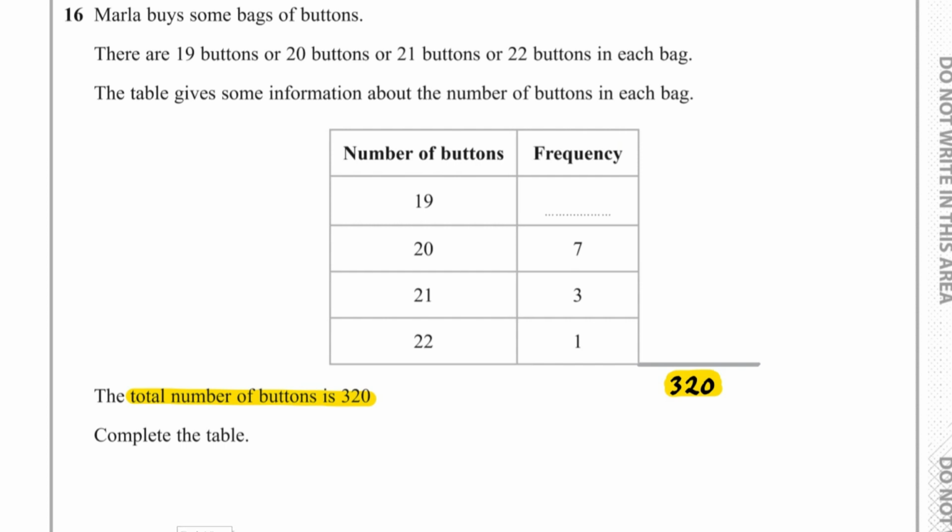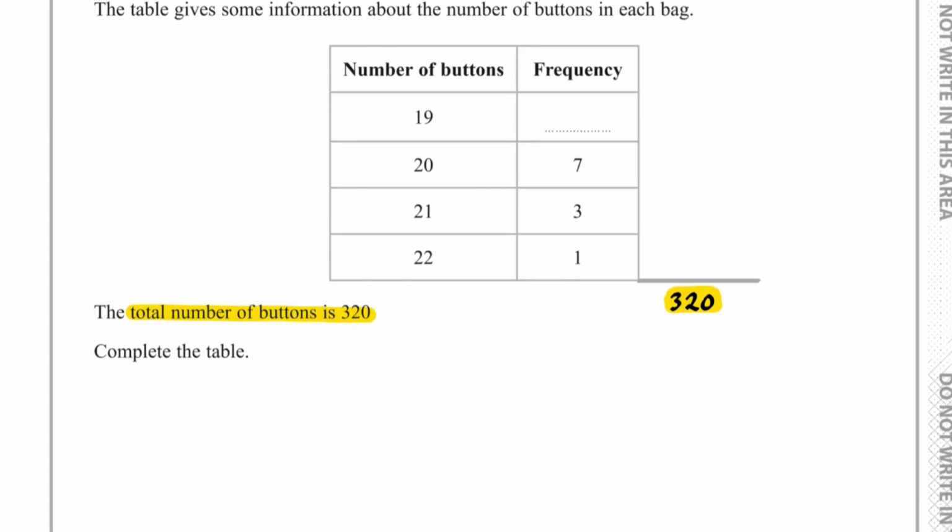So, to begin with, we will let the frequency of 19 buttons equal x. And so 19 multiplied by x, we have 19x. 20 times 7, that's 140. 21 times 3, that's 63. 22 times 1, that's 22.